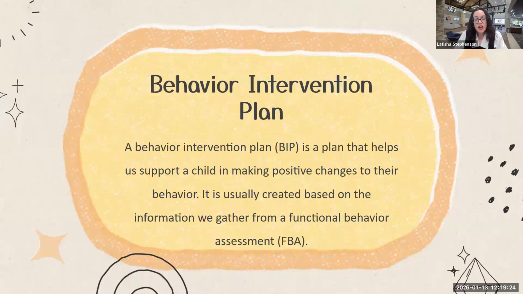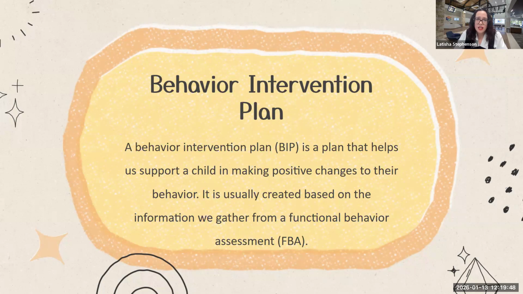We also have children and young adults in schools who unfortunately are struggling with some very scary and concerning behaviors. And so we may want to put a BIP in place while we're conducting that FBA to make sure that student and everyone else around them is safe at school.